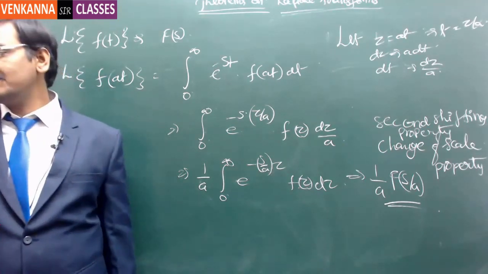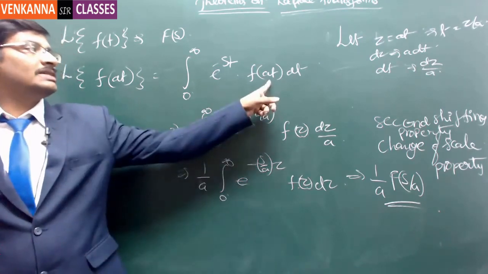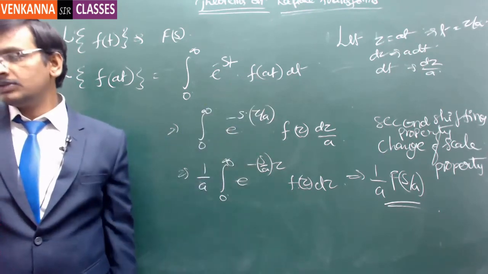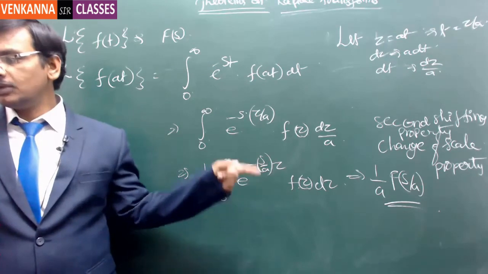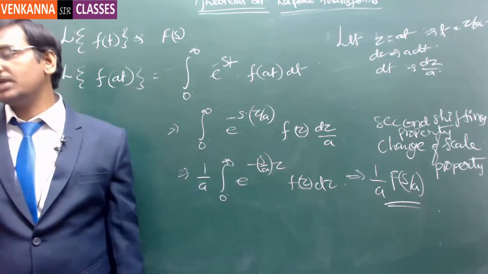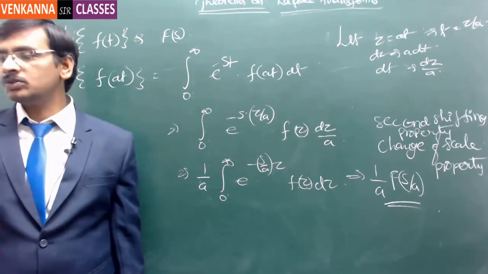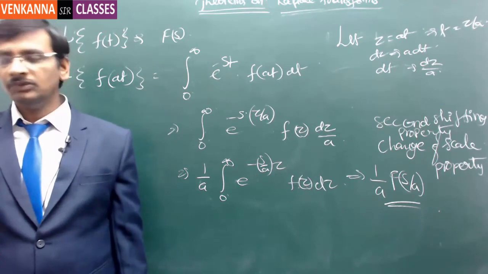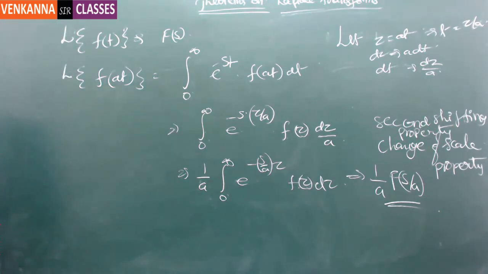Similarly, the second shifting property is nothing but the scaling property. So t is getting multiplied with a, which means it is scaled a times. Then the Laplace transform is going to be 1 by a times F of s by a. So s has to be replaced with s by a, and the entire F of s needs to be multiplied with 1 by a. Right? Change of scale property.